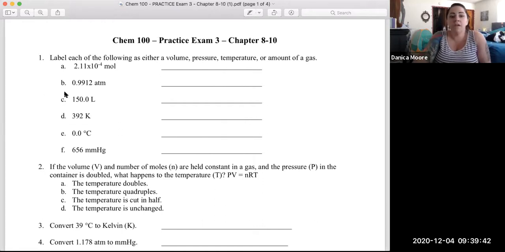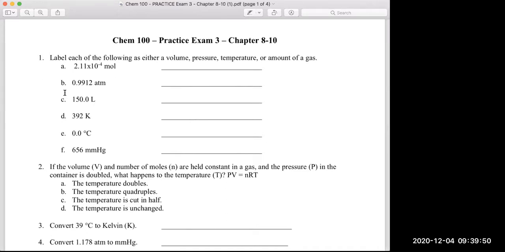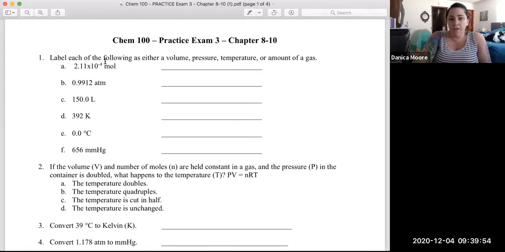Number one is all about, do you know what different units are? That is absolutely a question that you will have on this exam. It's not limited to volume, pressure, temperature, or amount of gas.